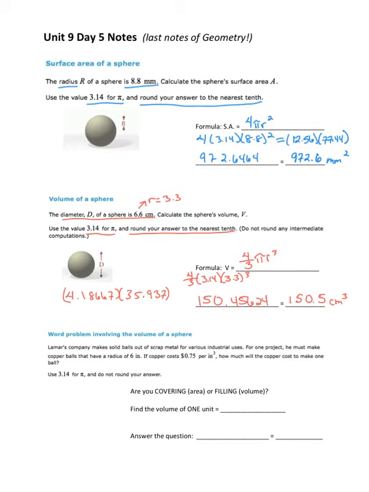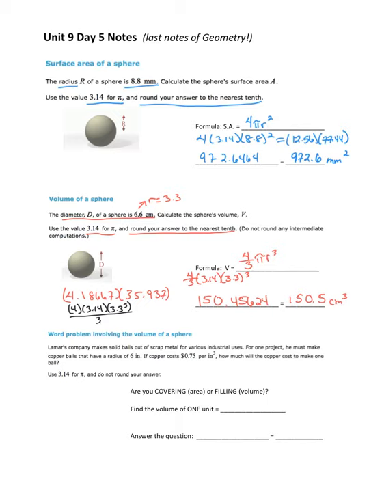Now there's another way you could do it if you want to. You can put everything in the numerator and multiply it through. What you can do is 4 times 3.14 times 3.3 cubed and divide that whole thing by 3.